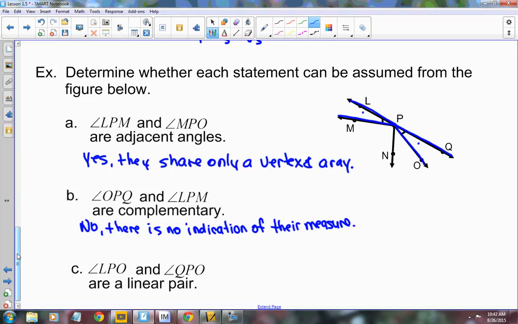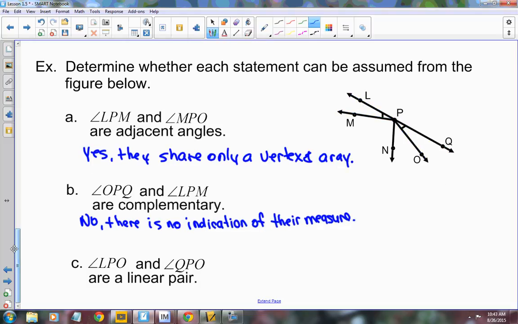Okay, last one. LPQ and QPO are a linear pair. Yes, they are. Okay, what makes them a linear pair? They're adjacent, right? And what else has to happen? Their non-common sides are opposite rays, right?